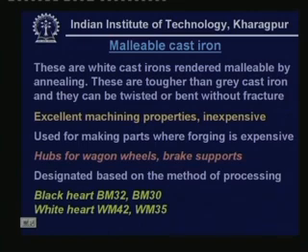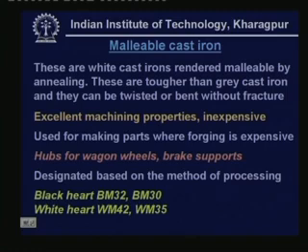By annealing you can get malleable cast iron from white cast iron, and these are tougher than grey cast iron, and they can be twisted or bent without fracture.